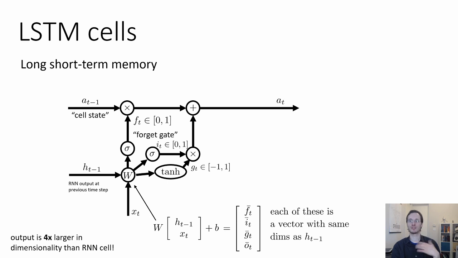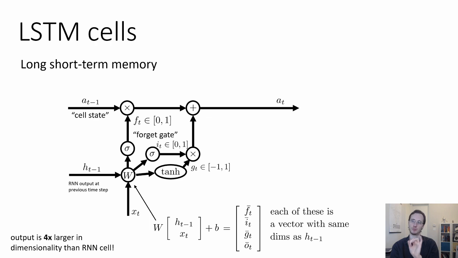Conventionally, people use what's called a tanh nonlinearity, which puts it in the range of -1 to 1. Although you could also use things like ReLUs here if you want. This is kind of a design choice that's up to you. And that gives us g_t. So when I write f_t bar, i_t bar, g_t bar, that refers to the output of the linear operation, and then after the nonlinearity, they become f_t, i_t, and g_t.